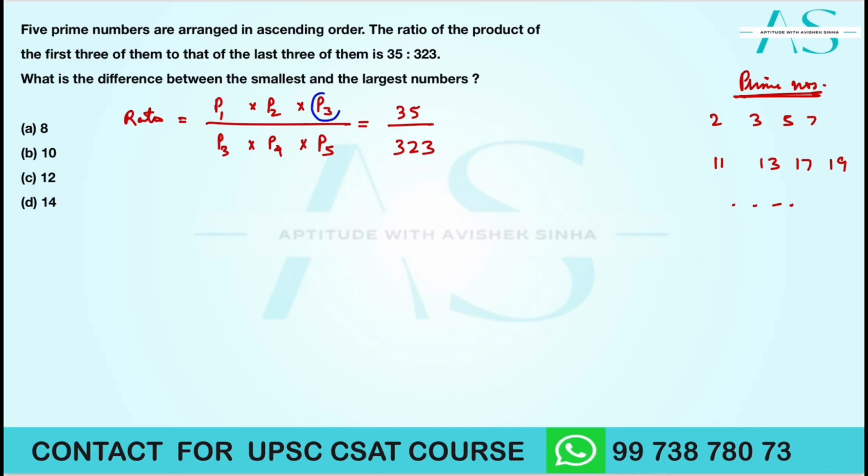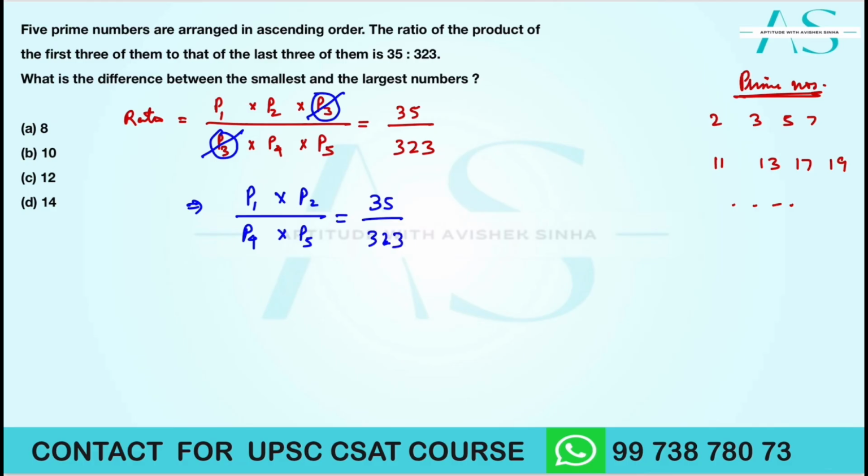So P3 is here and P3 is also here. When we take the ratio, we can actually simplify it. Even though I don't know the value of P3, whatever the value is, it is going to be the same here, so I can eliminate it. Now P1 into P2 upon P4 into P5, and all of these are in ascending order, is 35 upon 323.